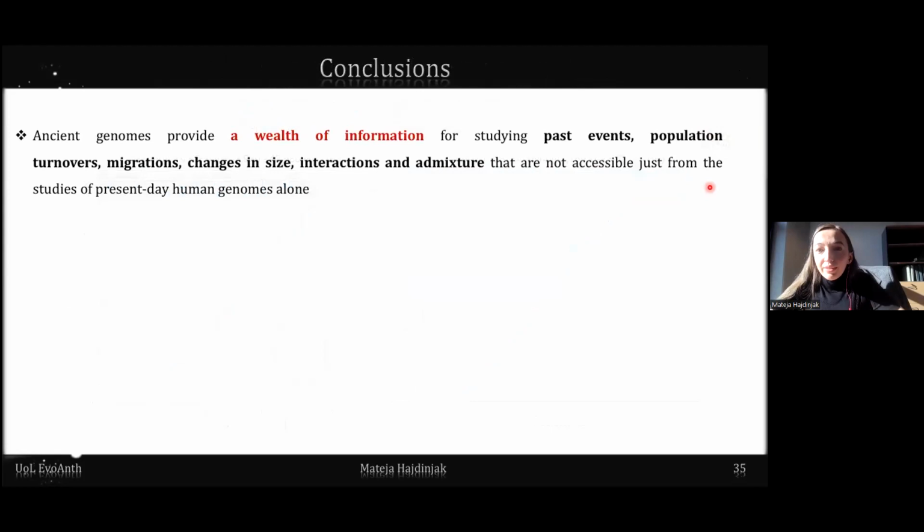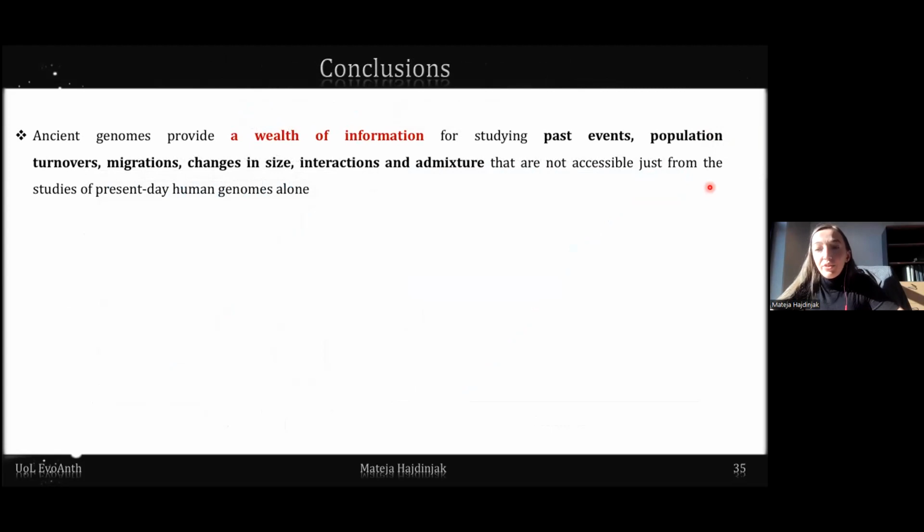So I hope that with this talk, I managed to show you that ancient genomes provide us with a lot of information about past events that would not be so easily accessible with analyzing present-day human genomes alone.